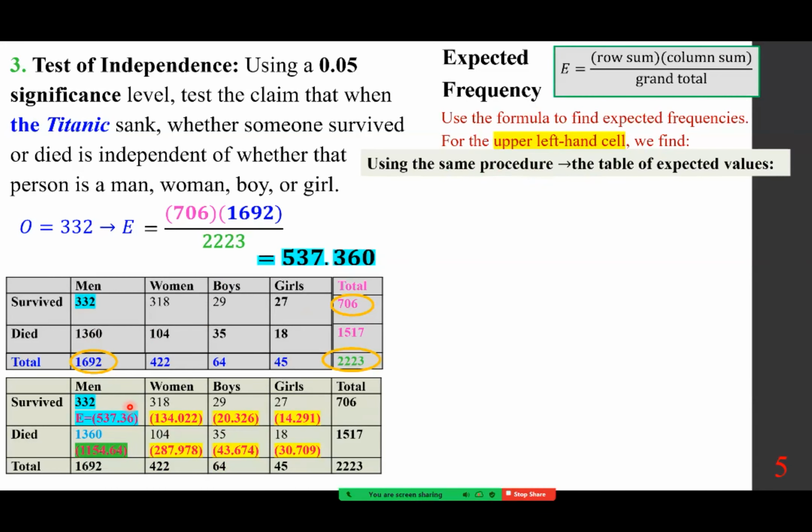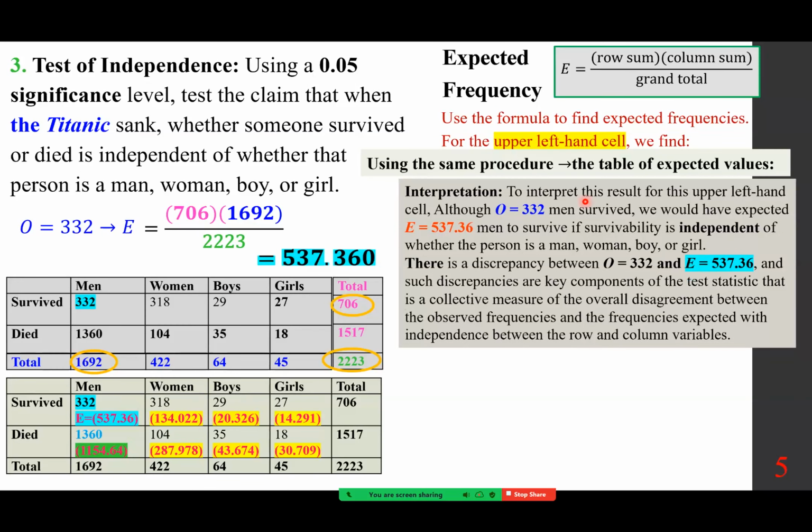Now, interpretation. What does it mean? This is important to interpret the result for this upper left-hand cell. Although 332 men survived, we would have expected E equals 537.36 men to survive if survivability is independent of whether the person is a man, woman, boy, or girl.